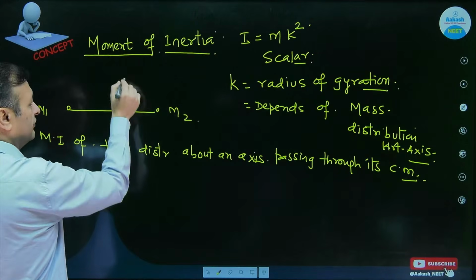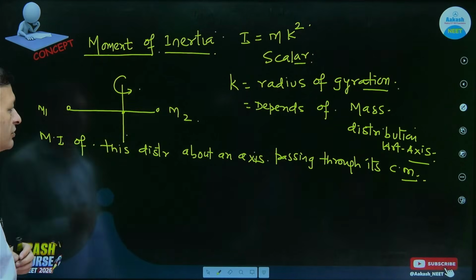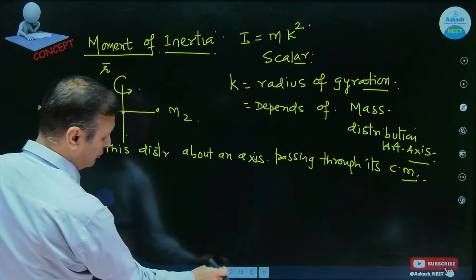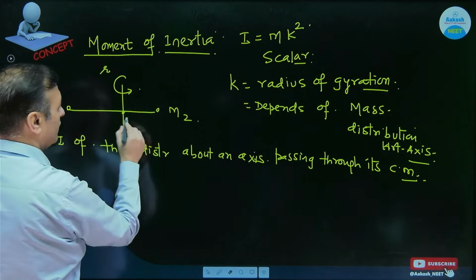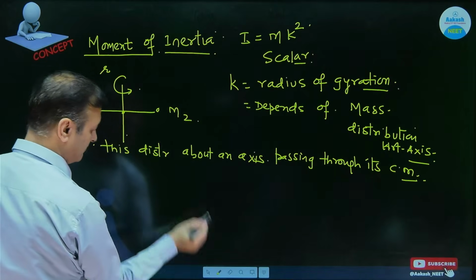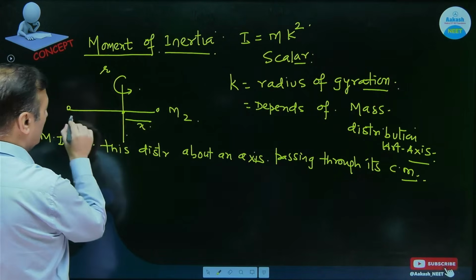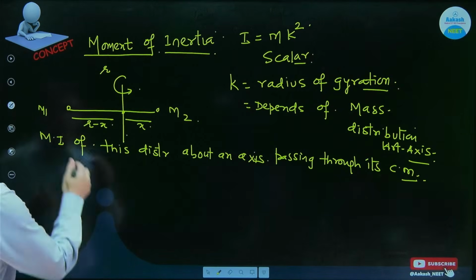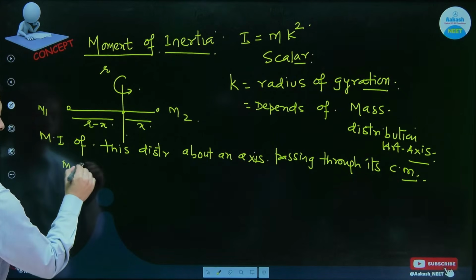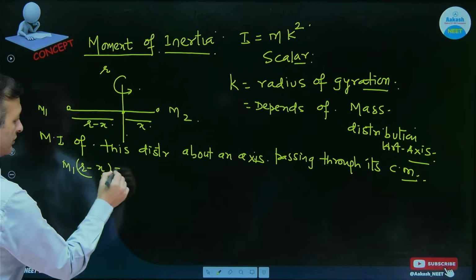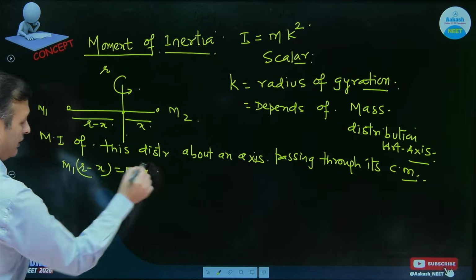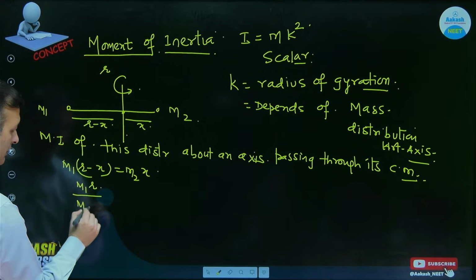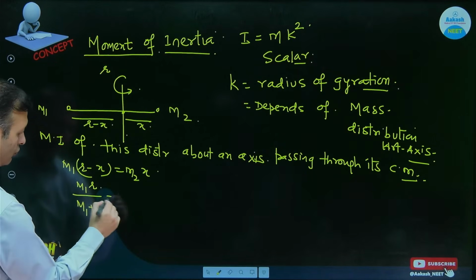If r is the separation between these two masses, this is x and this is r minus x. So m1 into x is equal to m2 into r minus x, that means x is m2 r by m1 plus m2.